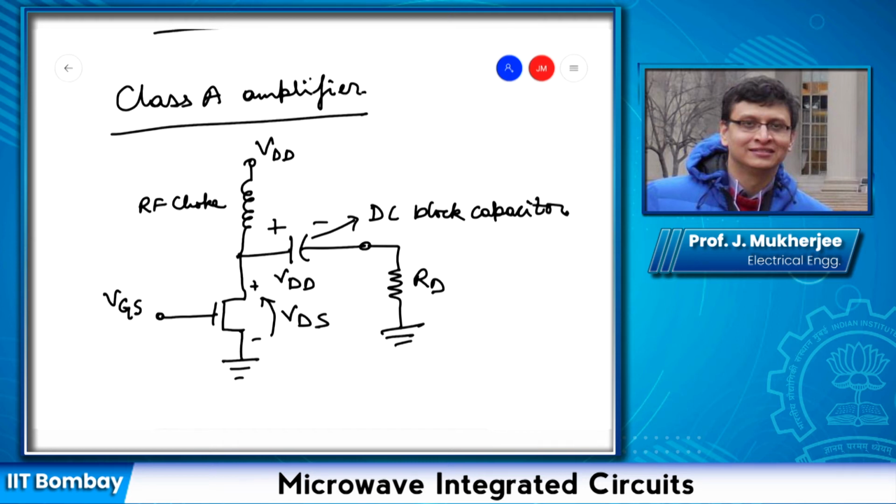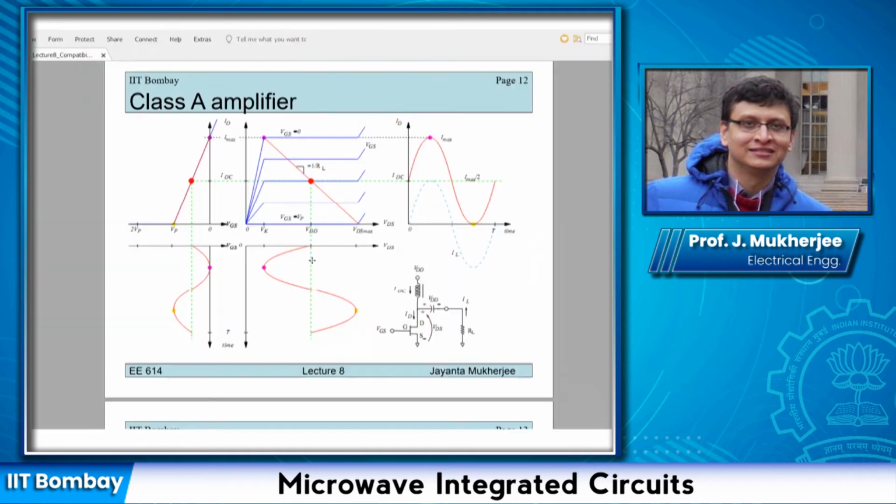This is the circuit diagram of a class A amplifier. Now let us see how we can achieve that 360-degree conduction angle using the ideal FET characteristics that I showed a few minutes back. I'll again switch back to my slides because this diagram is rather difficult to draw on this tablet. So I have my slides back.